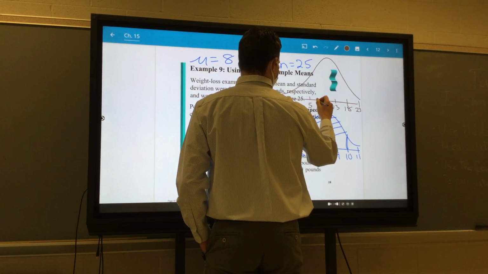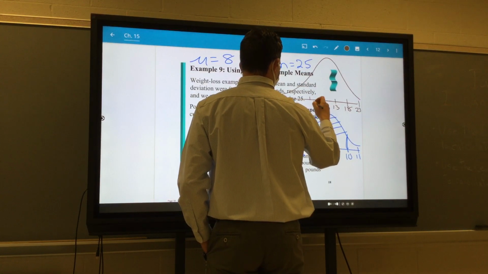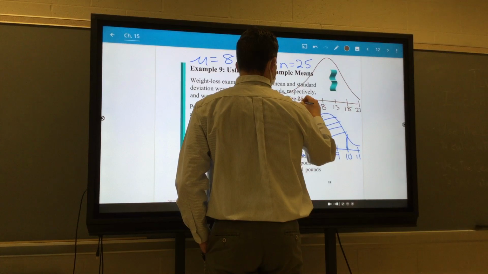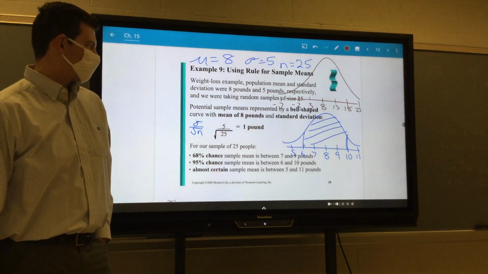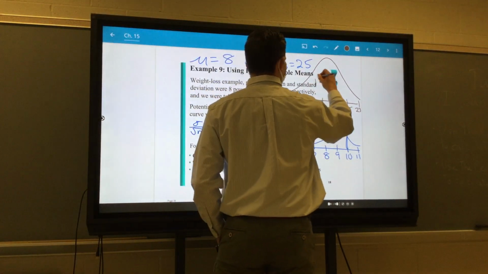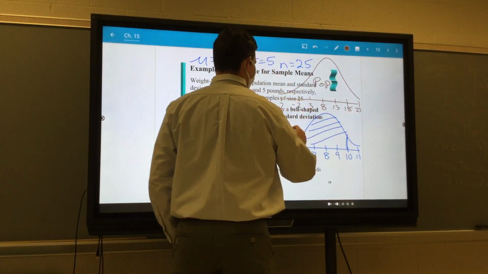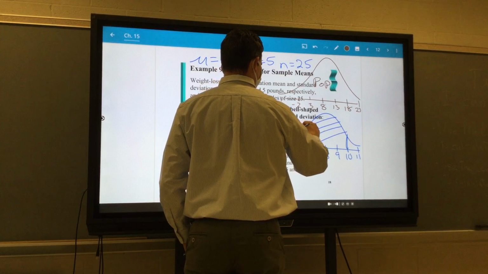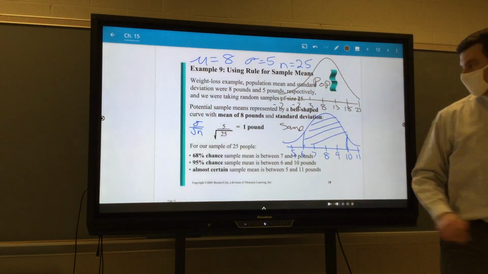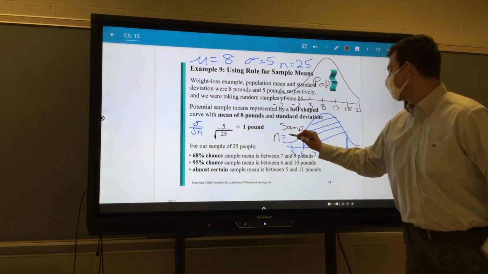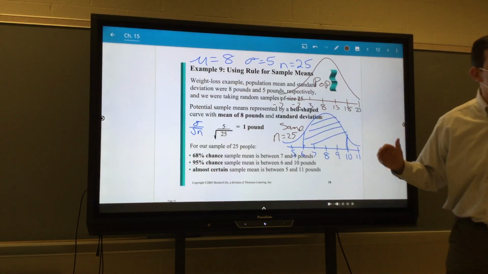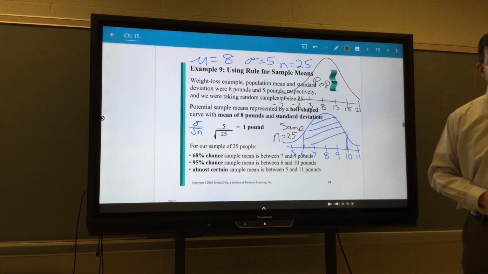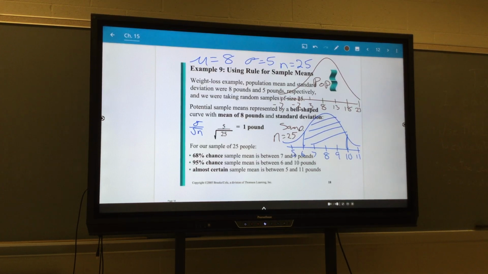This was 3, negative 2, negative 7. Population versus sample with size of 25. Do you see the difference between these two? Think about how and why these differ.